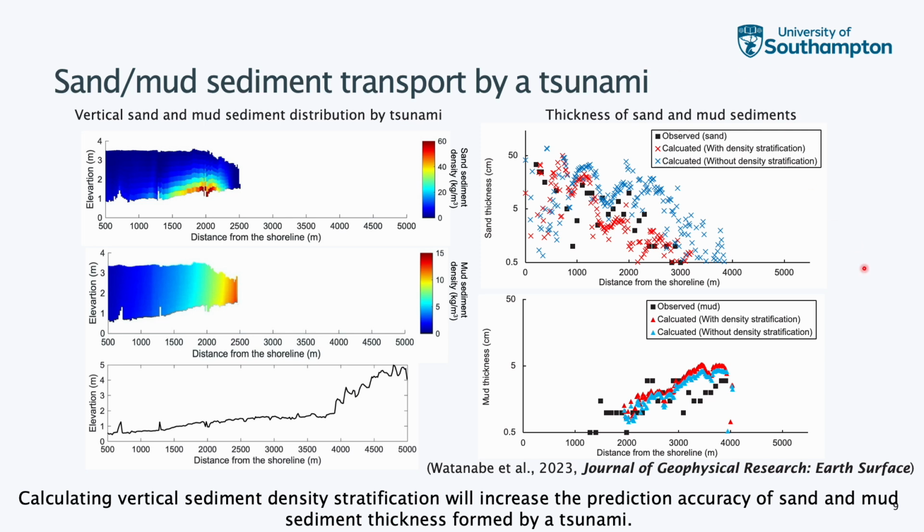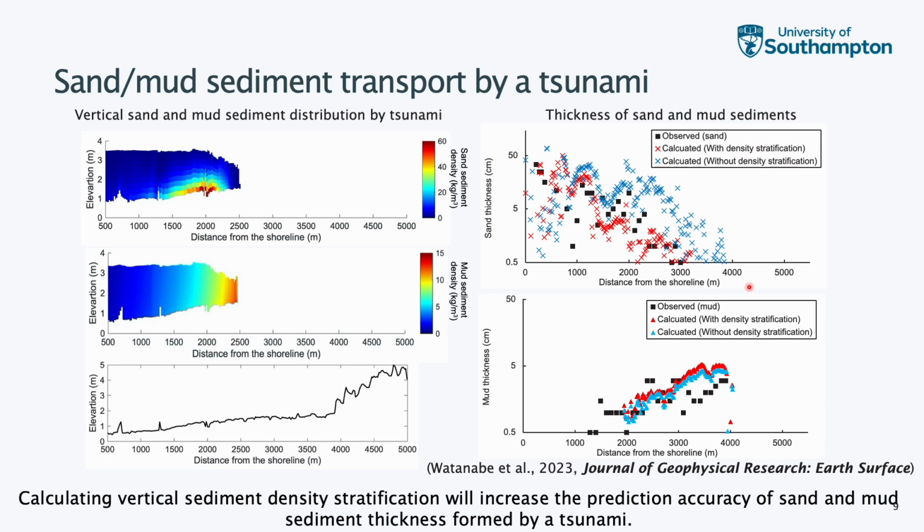In the case of sand sediments, when density stratification was not calculated, the simulated thickness of onshore sandy deposit was overestimated. When density stratification was calculated, the simulated sand thickness was consistent with observation results.